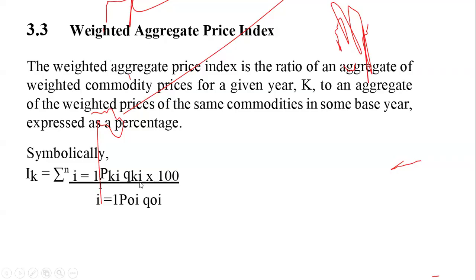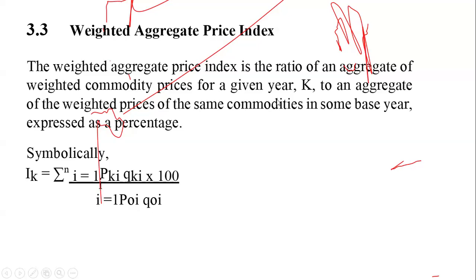Mathematically, this is the formula. P_Ki times Q_Ki times 100 divided by P_0i times Q_0i.